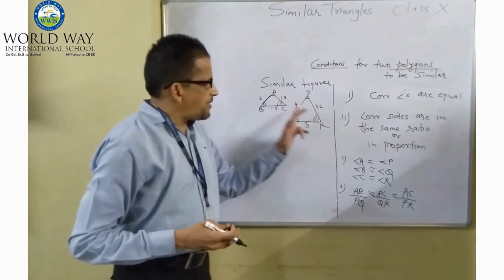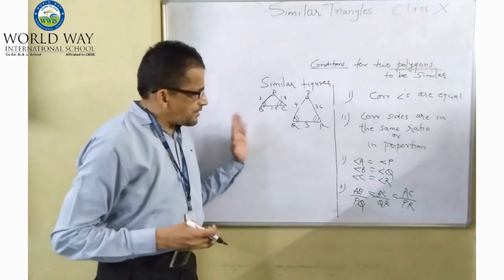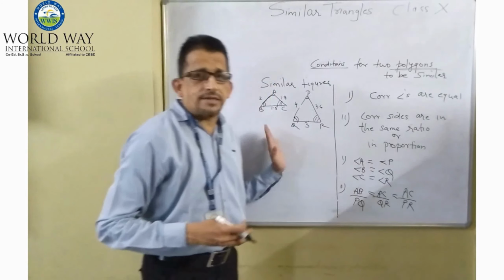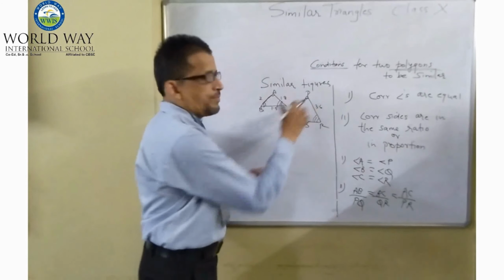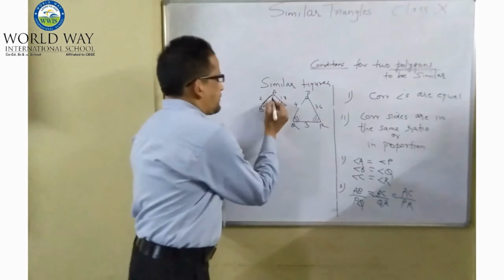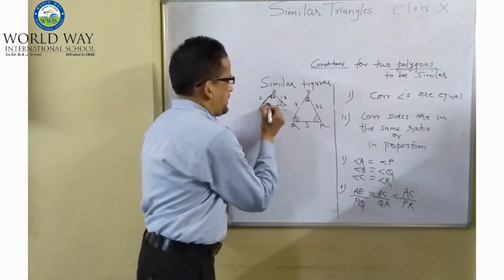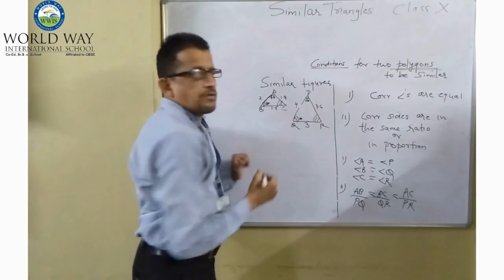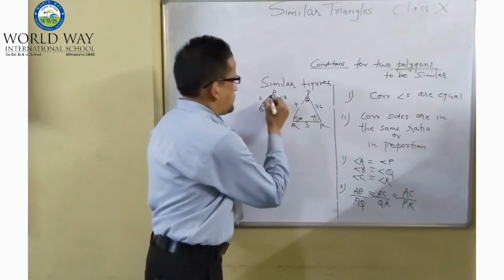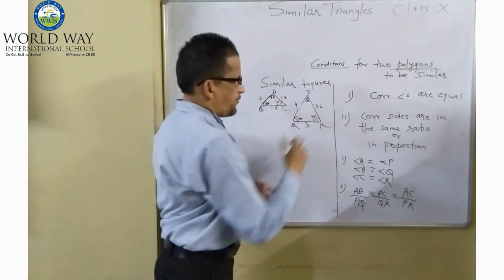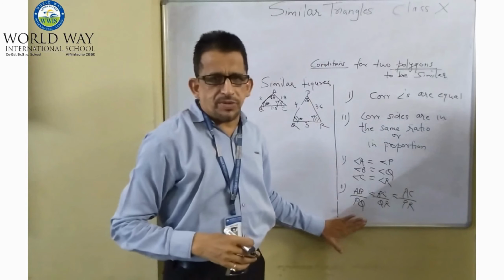AC upon PR, 1.8 upon 3.6, the answer will be 1 upon 2. So it's clear that the triangle sides are proportional and corresponding angles are equal. Suppose angles are 60, 60, 80, 80, 40, 40. Corresponding angles are equal and corresponding sides are proportional.